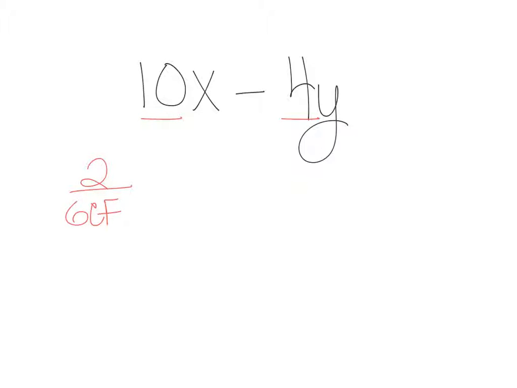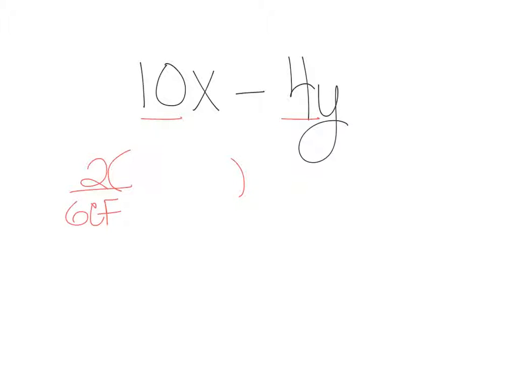You also want to check for variables, but in order to take out a variable, both terms have to have the same variable. In this one, the first term has an x, and the second term only has a y. There's nothing common to both terms, so if it's not common, I can't take it out. Then I begin my parentheses.